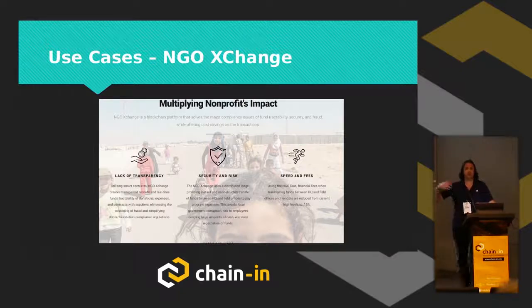So there's actually more that you can do using blockchain at non-profit organizations, other than just thinking about, oh, we can get more money or send money more quickly or cheaply.